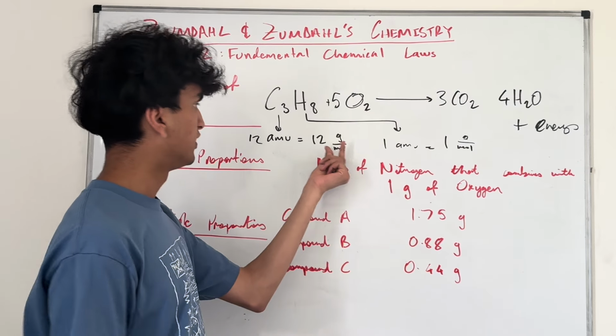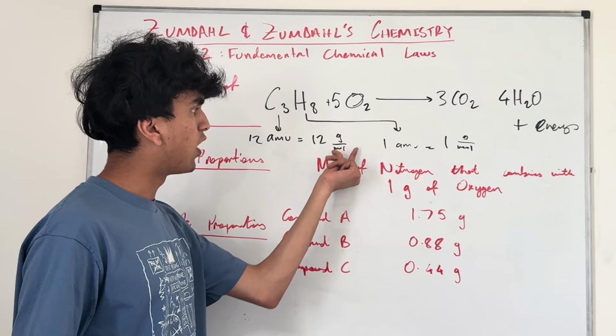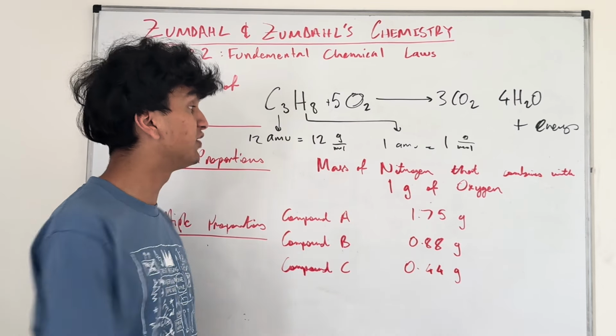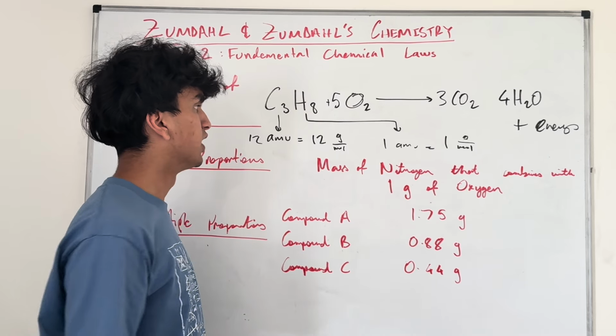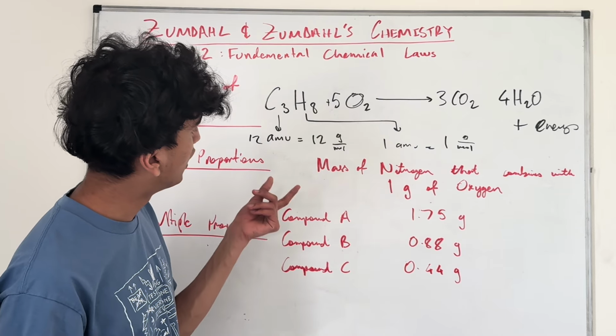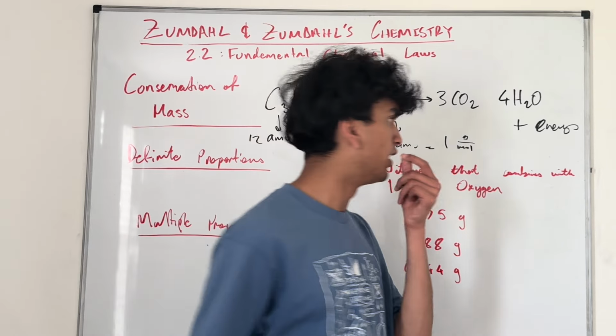So a mole is just a certain amount of molecules. If you give me 1 mole of carbon, it's going to be 12 grams. If you give me 2 moles of carbon, it's going to be 24 grams. So that's just the idea of a mole.